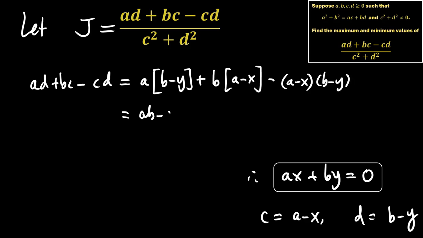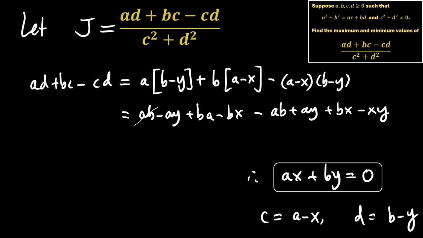So AB minus AY plus AB minus BX minus AB plus AY plus BX minus XY. So AB cancels with AB, AY cancels with AY, BX cancels with BX. So we are left with AB minus XY.